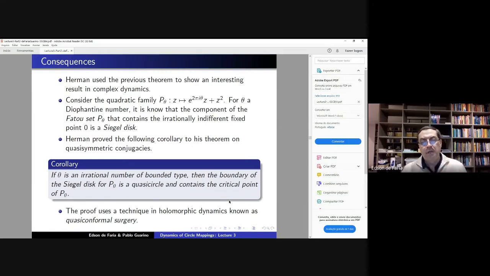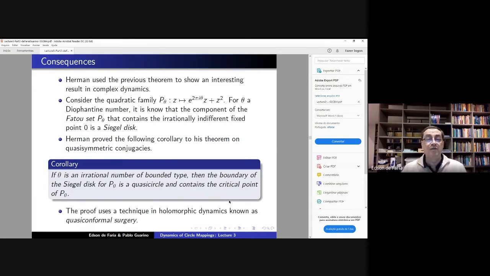On the circle, you can do this gluing in a quasi-conformal manner, and then you can invoke the so-called measurable Riemann mapping theorem and recover a new holomorphic map, which is easy to see is going to be a polynomial, or at least is going to be affinely conjugate to a polynomial in this family, with the argument theta being precisely this rotation number of bounded type. But all the while, the critical point was in the Blaschke product.